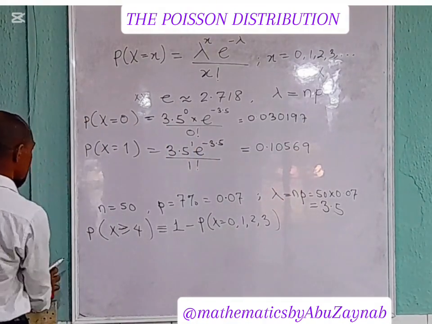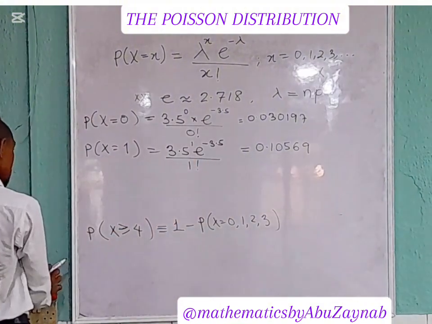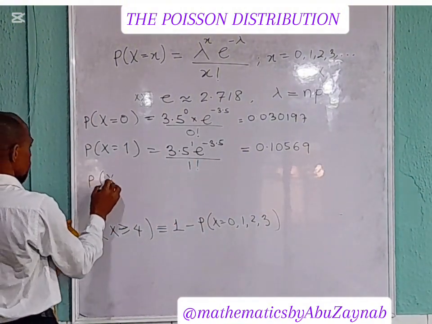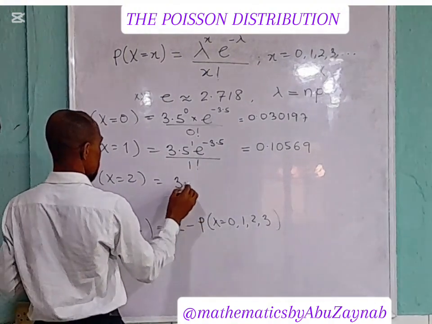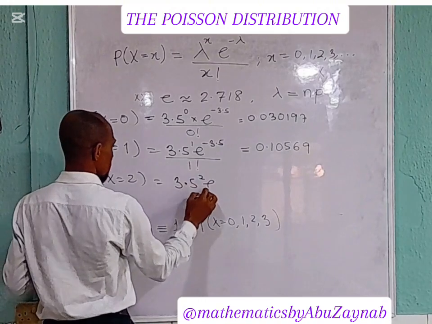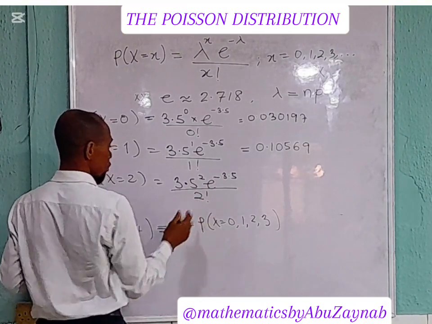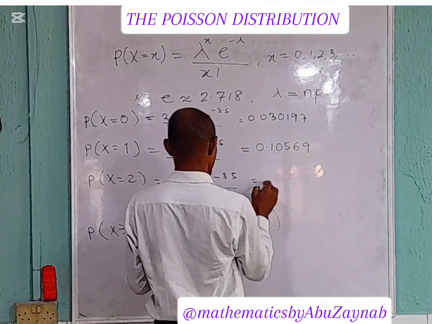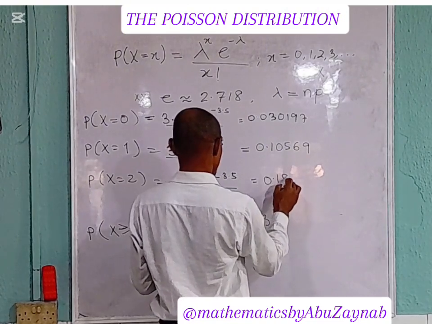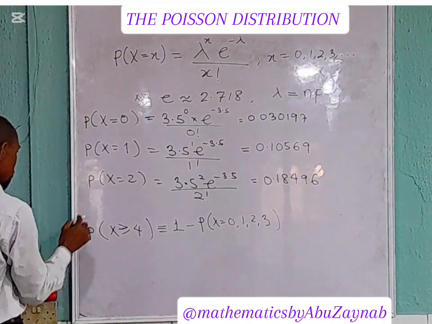Then we move on to when x equals 2. We have 3.5 raised to power 2, e raised to power minus 3.5 over 2 factorial, that's 2 times 1. When you compute this, you're going to have 0.18496.